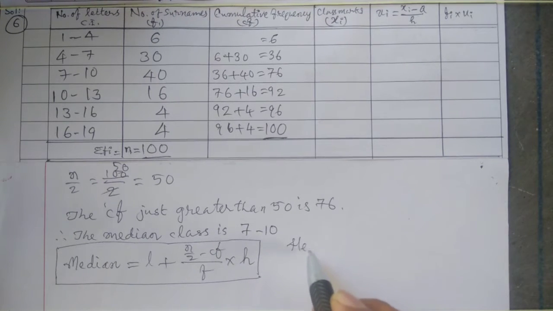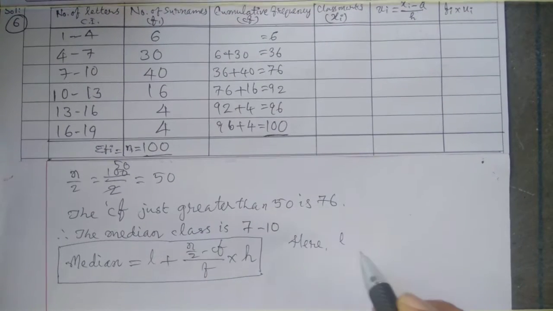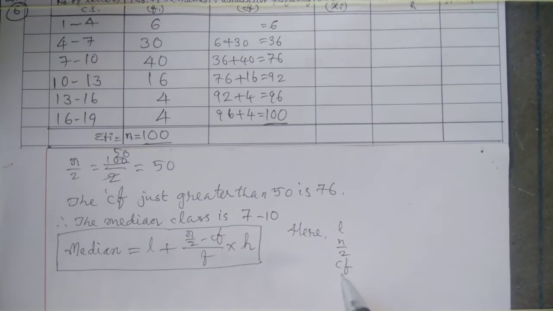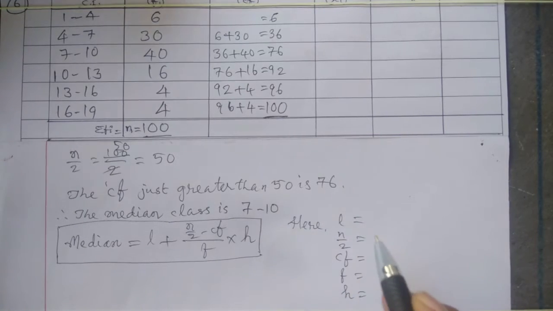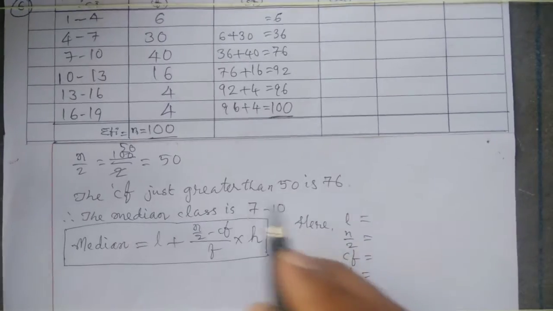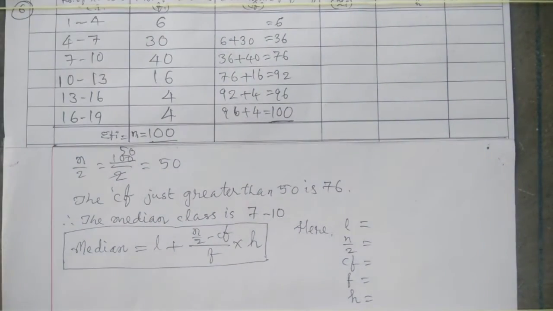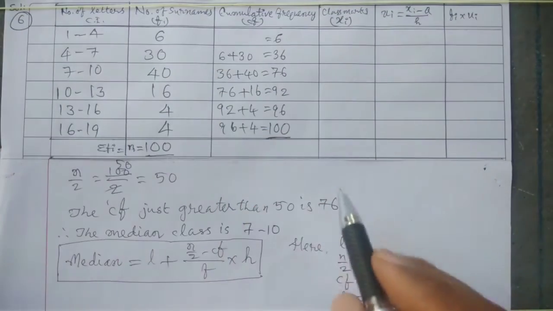Here we have to know L, n by 2, CF and small f and H. These we have to know. Basing this median class, we can identify all these values. First, L, the lower boundary of the median class.